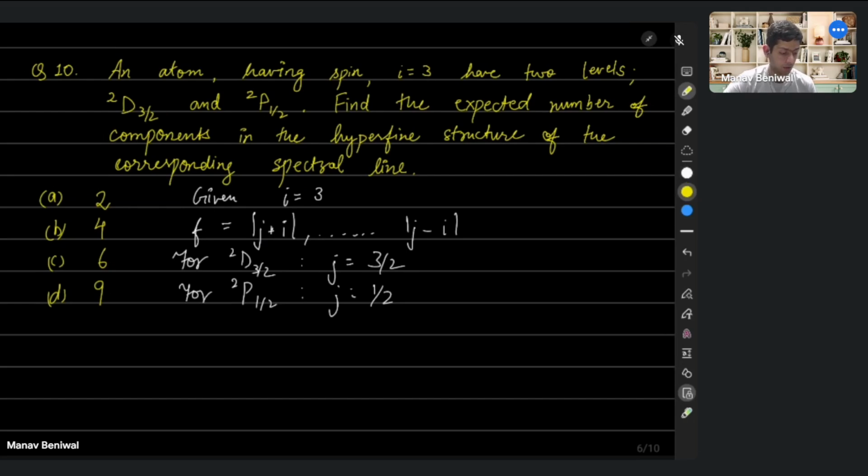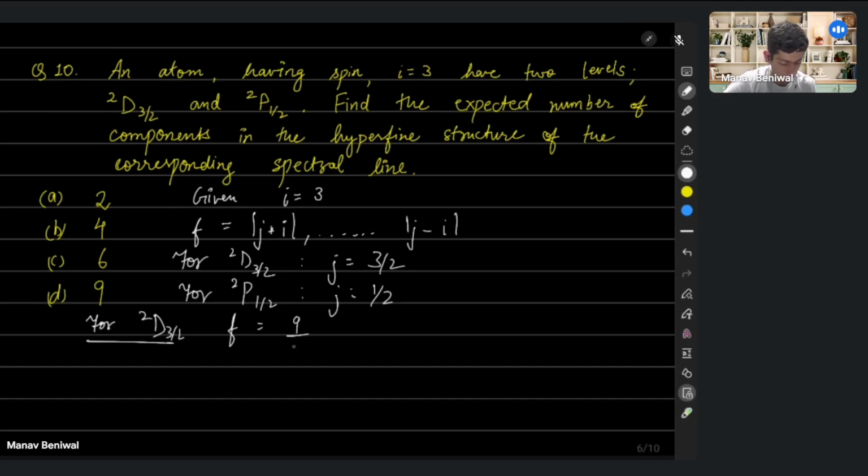Now let us write the possible F. Let's write for 2D 3/2 first. For 2D 3/2, J is 3/2. So F will be 3/2 plus 3, 6/2 is 9/2.